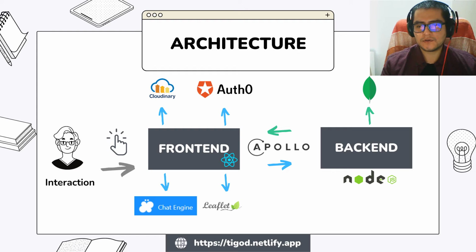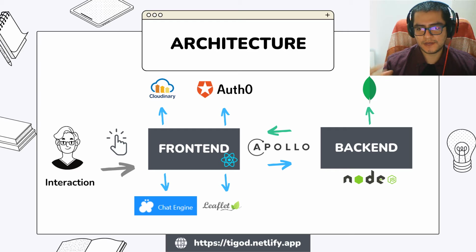The architecture of the application is this, and there is a front end first and then a backend. Well, for the front end, I use React, then communicate with Cloudinary for the image, Auth0 for the authentications, ChatEngine for the chats, and Leaflet for the maps.